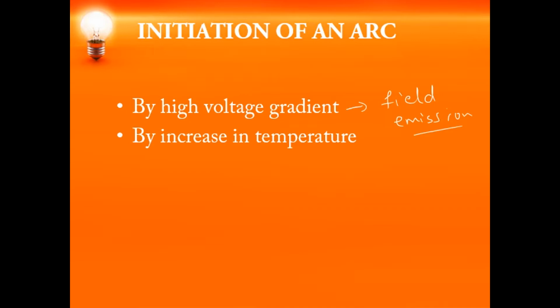The liberation of electrons due to high temperature is called thermal emission. So both thermal emission and field emission will cause an arc formation. The electrons are liberated from the cathode moving towards the anode, the region around it gets ionized, and that leads to the formation of an arc.